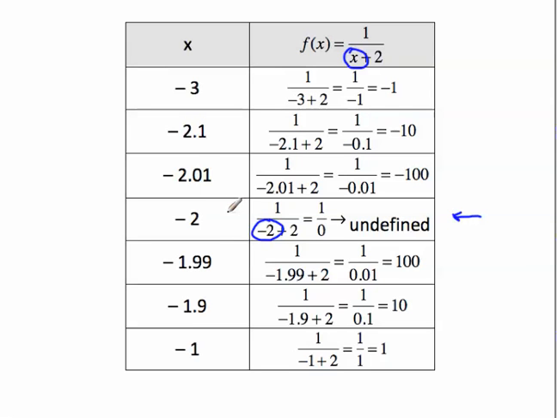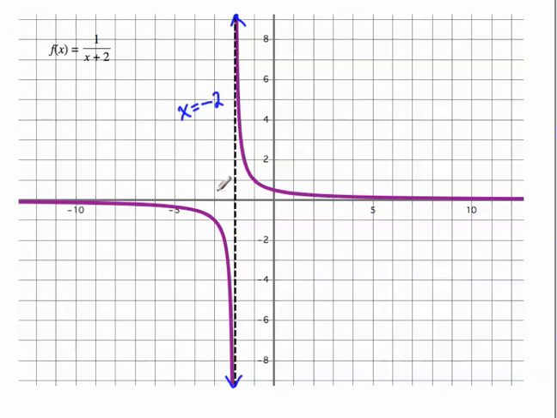So this is going to be the location of our vertical asymptote. Now, let's start out a little bit on either side of that vertical asymptote and get closer and closer to it in the x dimension. So if we start to the left of it at negative 3 and we move in towards the vertical asymptote, so to look back at the graph, what we're doing here is we're starting here from negative 3 and we are moving in towards the vertical asymptote.